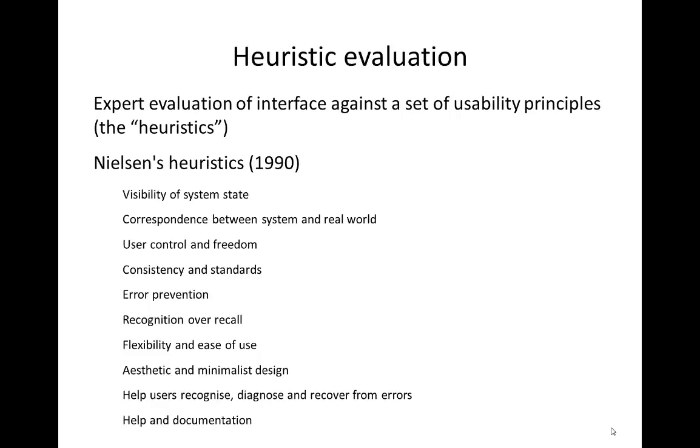Does the user have adequate control and freedom to do what they need to do? Now, control and freedom is an interesting one, and I was reading a paper about this yesterday on the train. One of the ways to improve usability and efficiency is to constrain what people can do with a system.